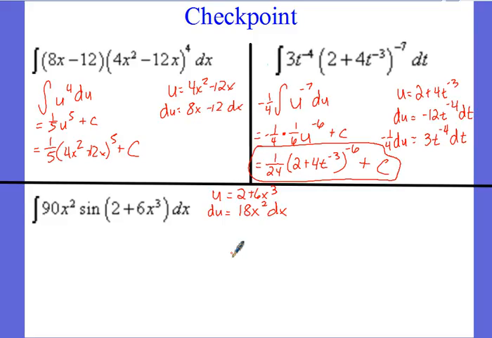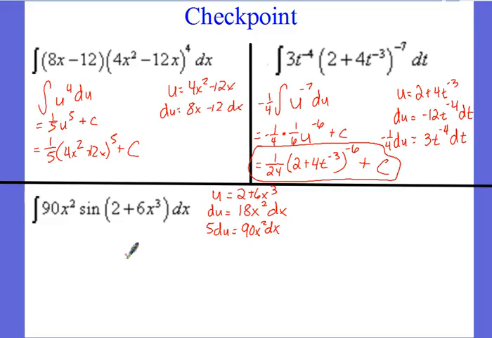It's 90, and it's 18, and I need a 90. So this one I'm actually not going to divide. I'm going to multiply. I need it bigger, right? So what do you have to multiply 18 by to get 90? 5. So 5 du is equal to 90x squared, which is what I need to replace, correct?